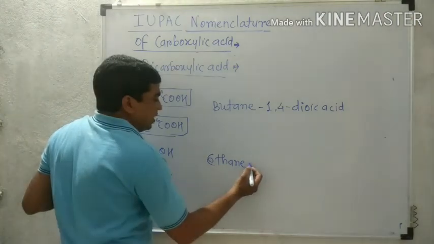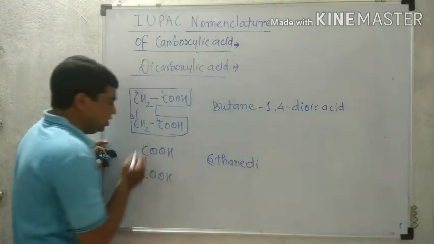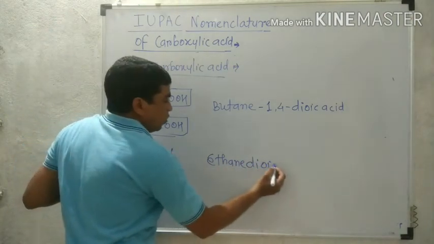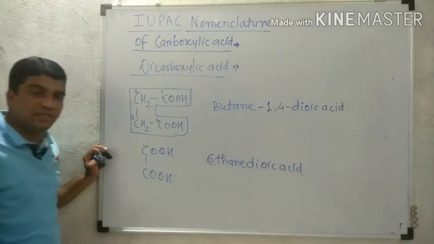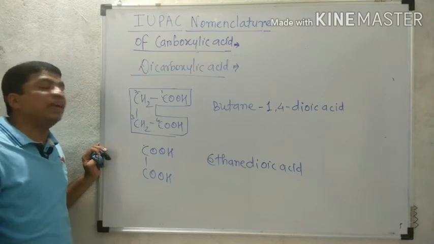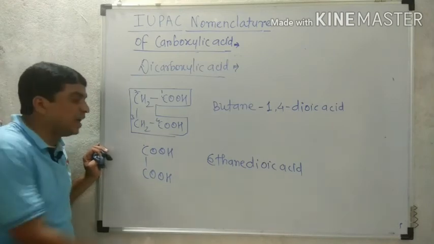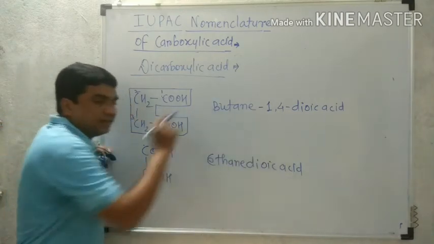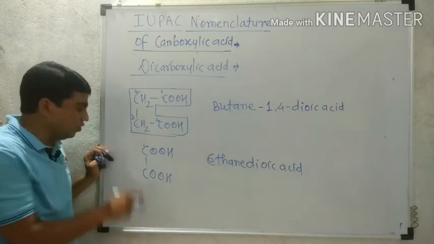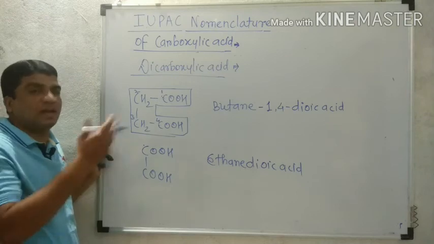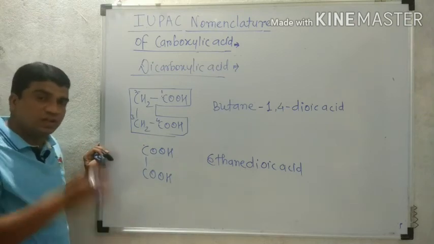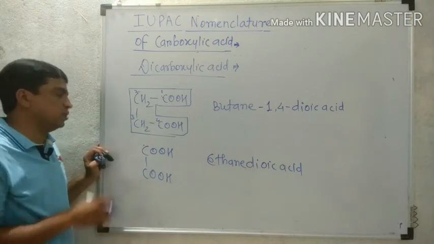Directly write ethane. How many? 2. Dioic acid. So oxalic acid. This structure has the common name oxalic acid. In IUPAC it is written as ethanedioic acid. No need to give the position, because there are only 2 carbons. If the carbon count is more than 2, then assign their proper positions.